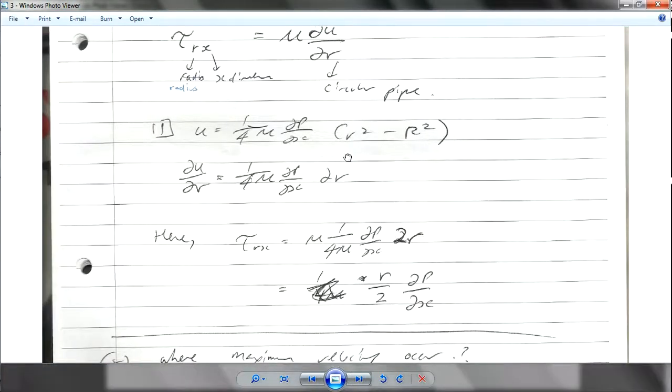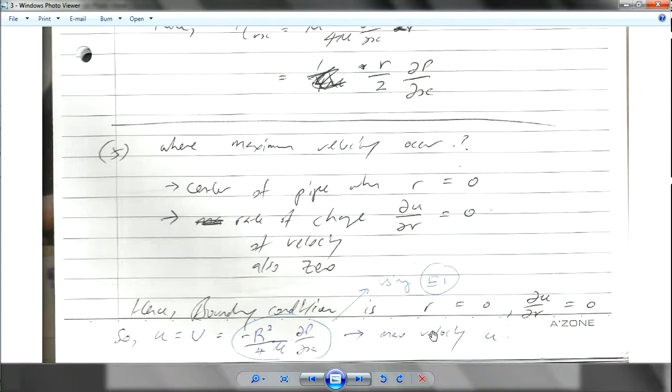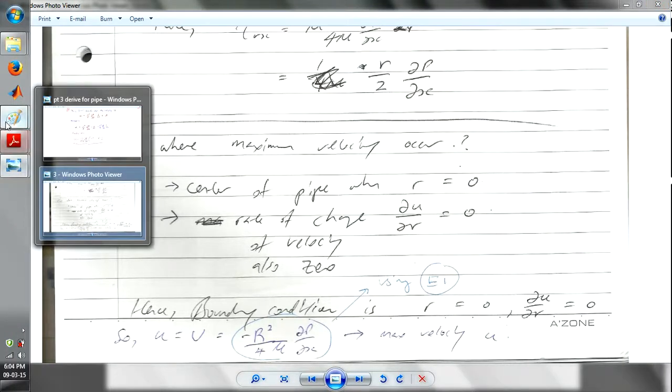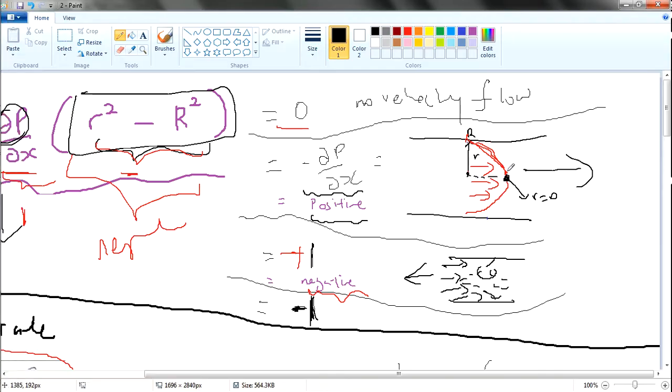Okay, so let's continue. If you sub in r equals 0, then partial u partial r equals 0, because you differentiate the velocity across r, and it will be 0 because it will not be changing anymore. At this point, u will not change, since r itself didn't change at all because it's always equal to 0.